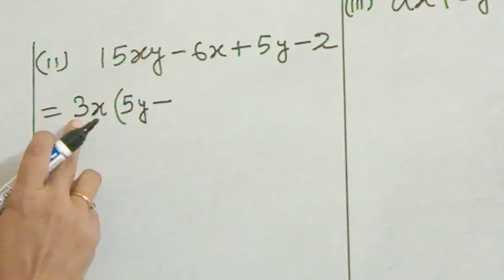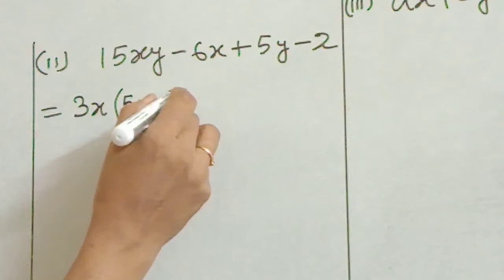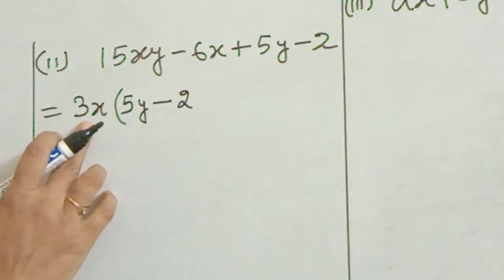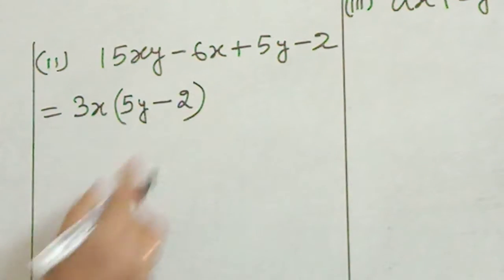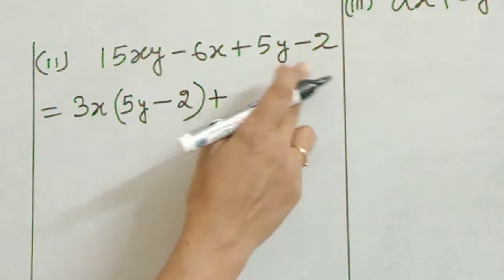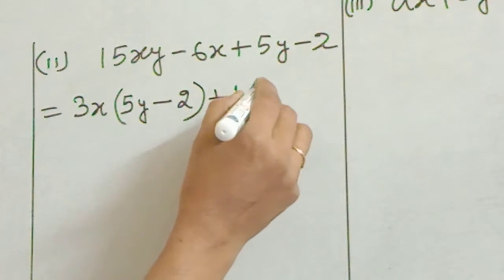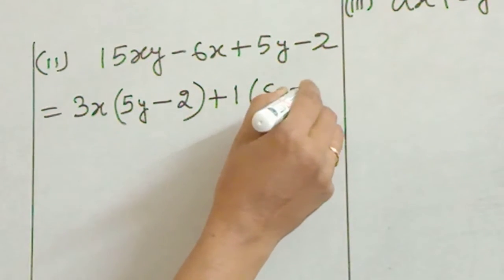Then minus sign. If I take 3 from this term as common, then only 2 is left because x also I have taken outside. Now 5y minus 2. Then from the second part nothing is there as common. So in that case I have to take 1, 5y minus 2.